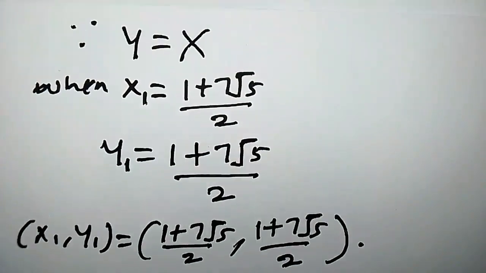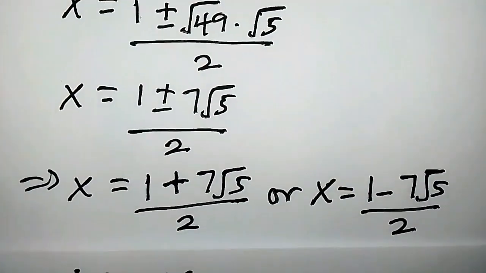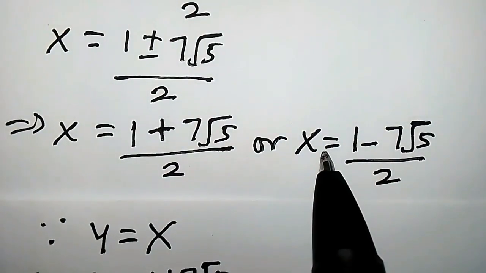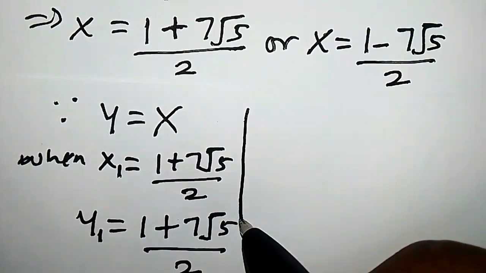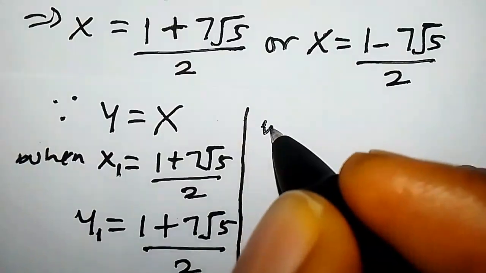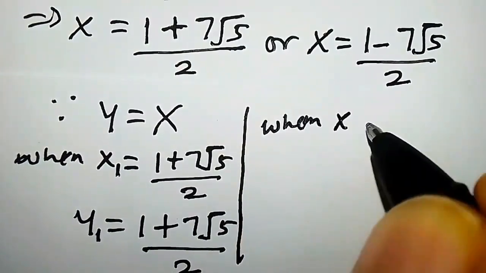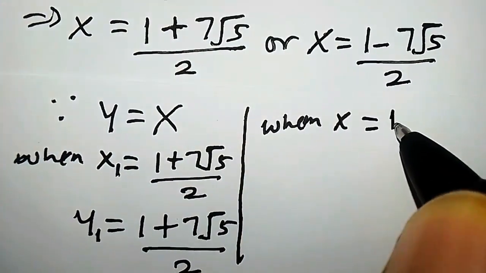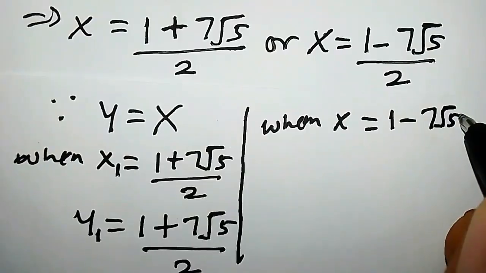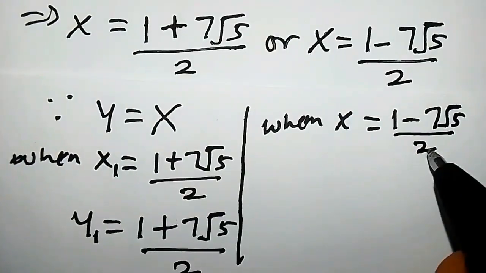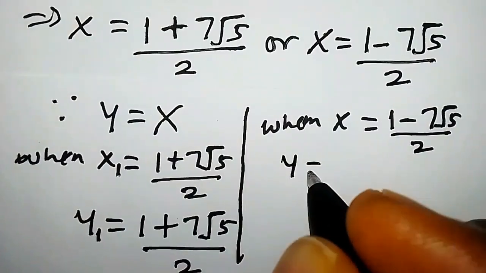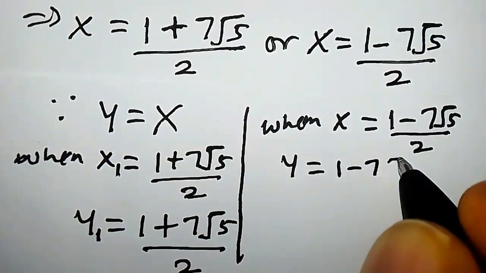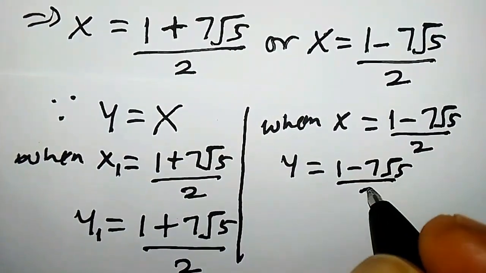Now let us consider when x is equal to 1 minus 7 root 5 divided by 2. Plugging this value of x into this right hand side, we have y equal to 1 minus 7 root 5 divided by 2.